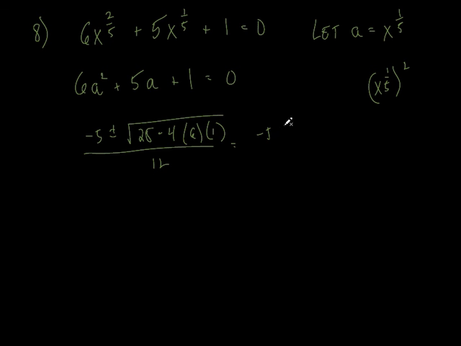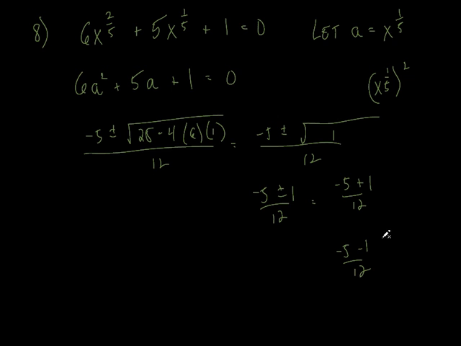So it's negative 5. Sorry for my writing, just writing too fast here. So 25 minus 24, well, that's easy. That's a 1. And that's over 12. So it's negative 5 plus or minus 1 over 12. So I've got negative 5 plus 1 over 12, and negative 5 minus 1 over 12.